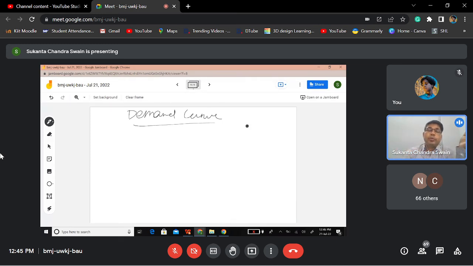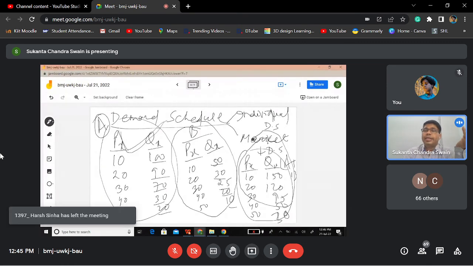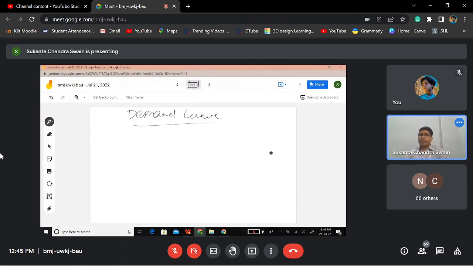If you present this table in a graph, you will get the individual demand curve for A. If you present this one, you will get the individual demand curve for B. And if you present this one, you will get the market demand curve. Generally, we talk about the market demand curve, because when you talk about the price of a commodity and its demand, it is all about the demand in the market.